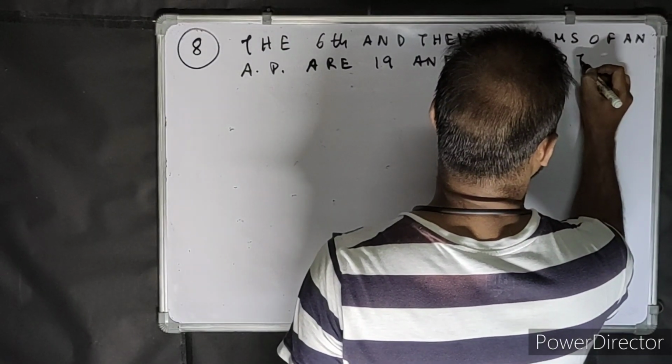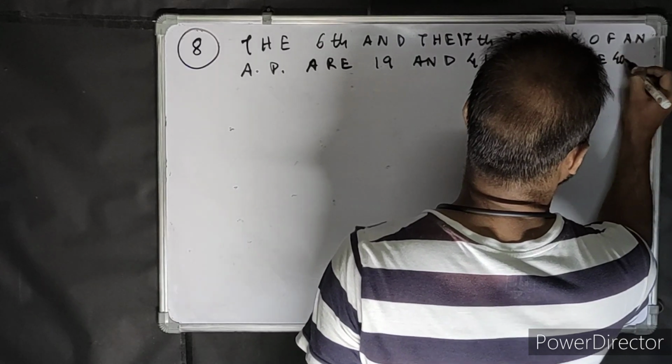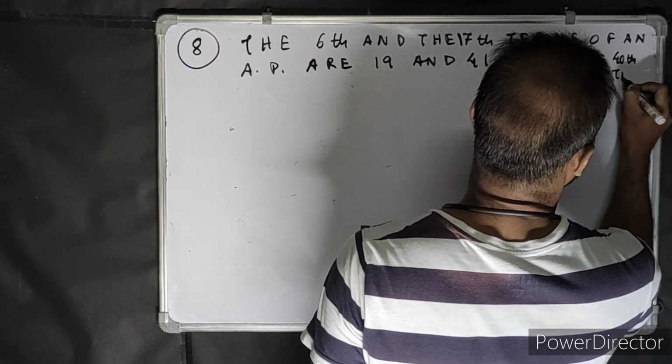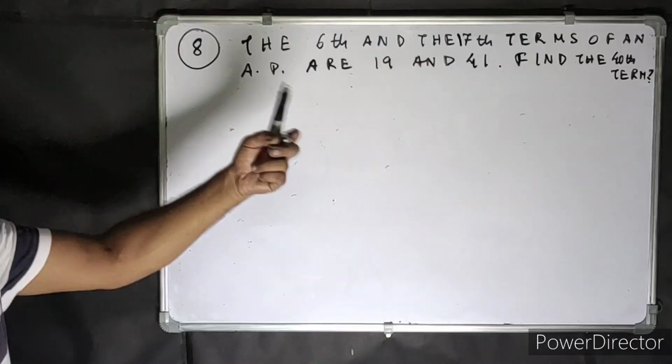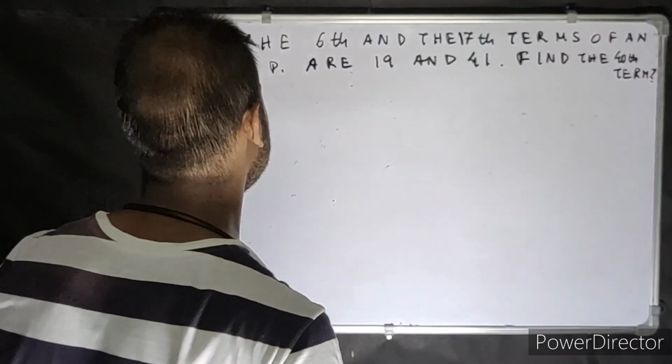Find the 40th term. Okay, that's the question. Find the 40th term, or what is the 40th term? You can give a question mark, full stop, whatever you want to do.